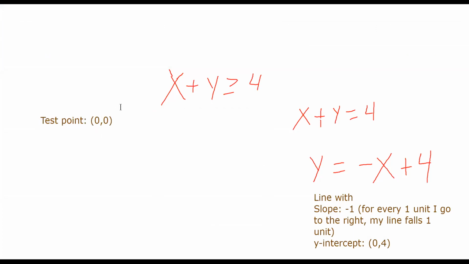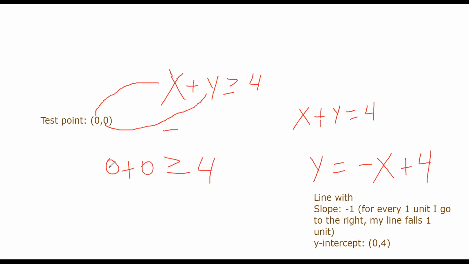I'm going to test that by plugging 0 in for x and 0 in for y, and seeing if I get a true statement in the original inequality. We're no longer dealing with the equation, because that was just to help me graph the line, which we've already done. So I put a 0 in for x, a 0 in for y. I'm going to end up with 0 plus 0 greater than or equal to 4.